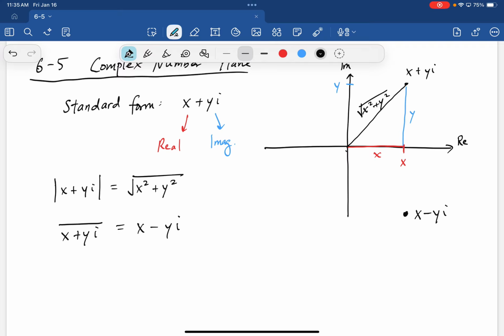So make sure you're quite clear what the real part is and what the imaginary part is. Hopefully you guys also see why this comes right after vectors, because they're so similar.